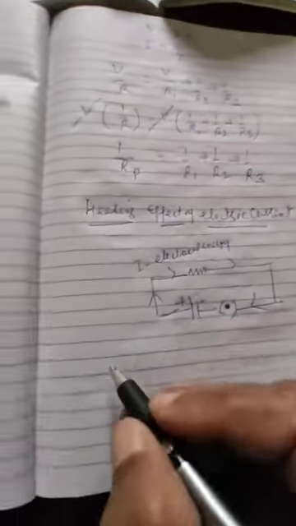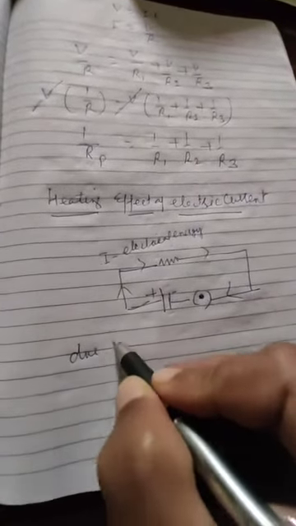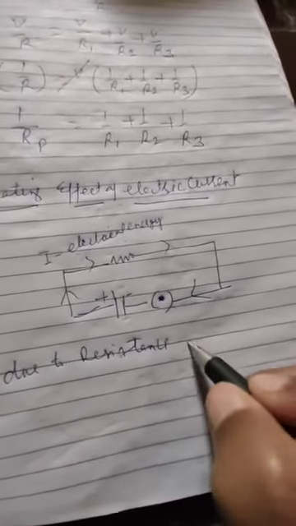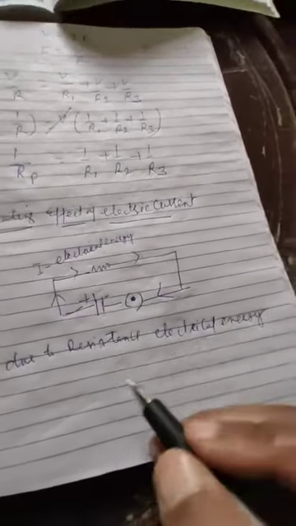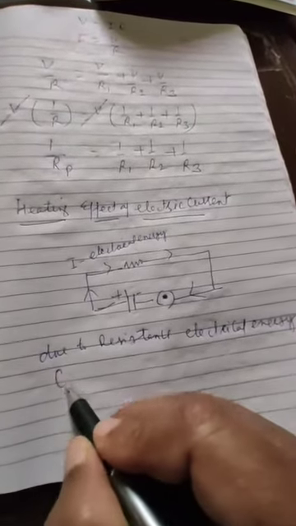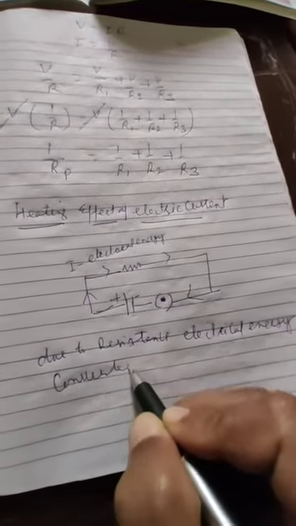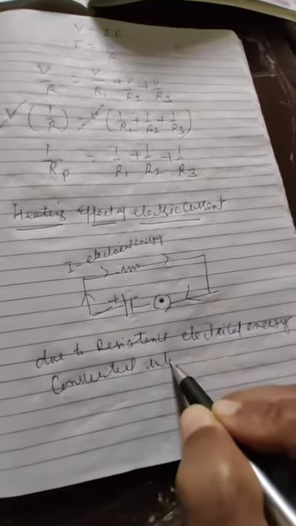Due to resistance, electrical energy is converted into heat energy.